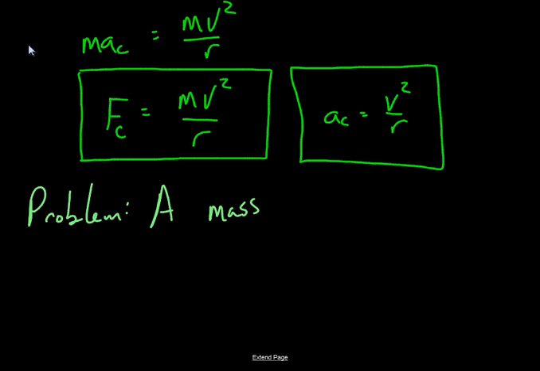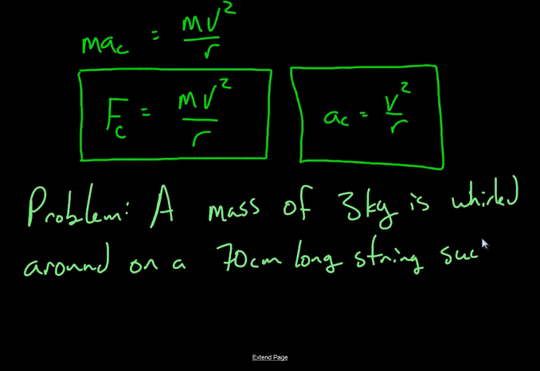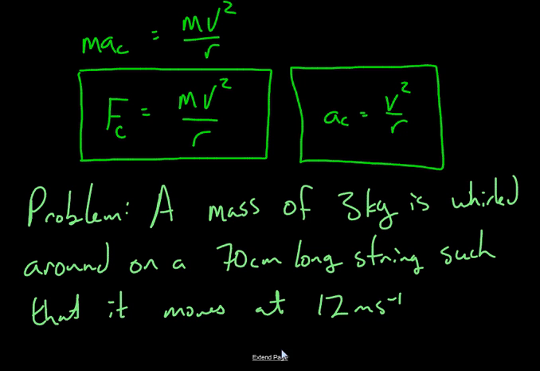A mass of 3 kilograms is whirled around on a 70 centimeter long string such that it moves at 12 meters per second.